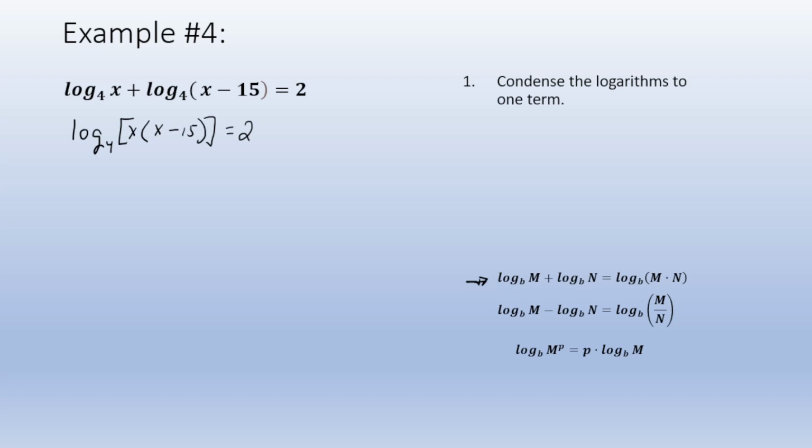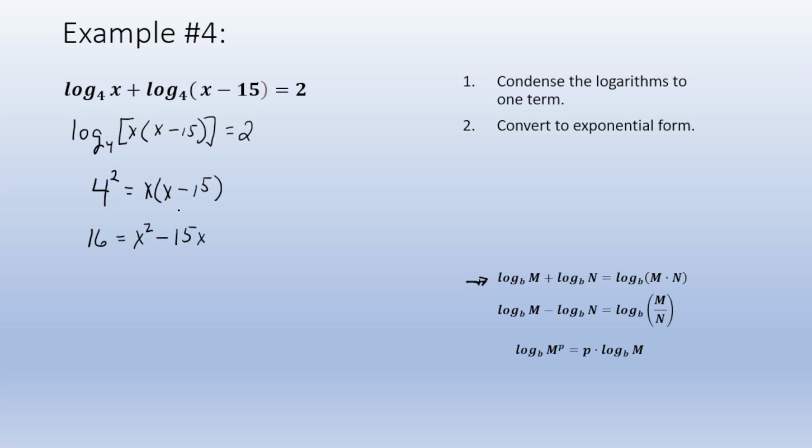Now having this condensed into one logarithmic term on the left side, we'll convert this to exponential form. So we have 4 raised to the second power equals our argument x times x minus 15. Now note in this case, we end up with what appears to be a quadratic equation. Cleaning this up a little bit, we have 16 equals x squared minus 15x.